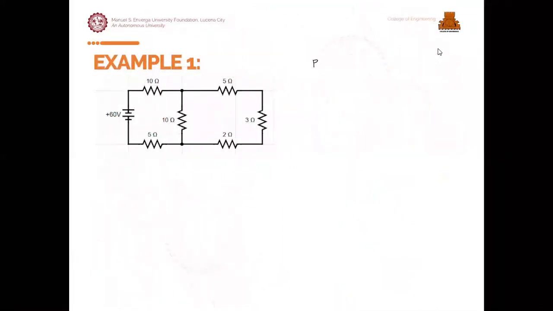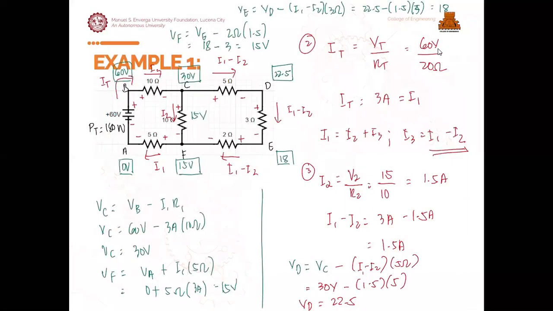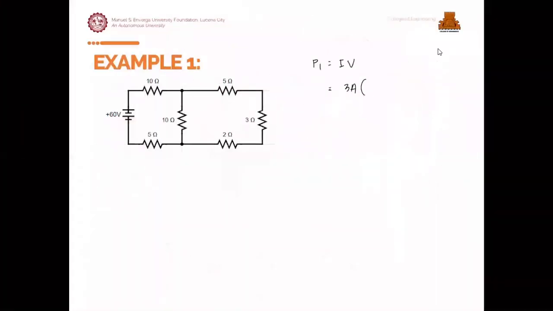P1 is I times V. So we have 3 amperes times our calculated voltage drop at this point, which is 30. So P1 is 90 watts.